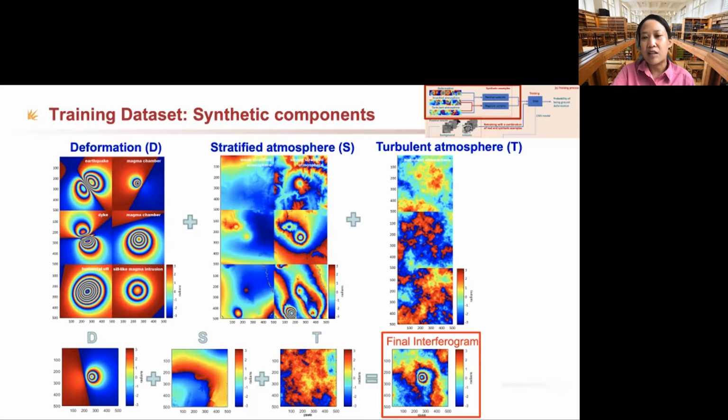We use 100 GACOS stratified delay maps with about a 12 day interval, which is exactly the same as Sentinel-1. And the last component is the turbulent atmospheric delay, which is spatially correlated, and the correlation can be described using an exponential decay function. The final sample that we use for training combines all of them together.